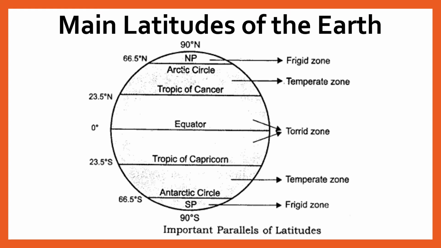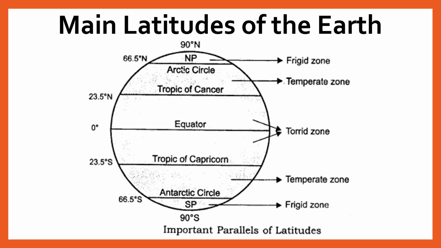While Arctic Circle was 66.5 degree north, Antarctic Circle is at 66.5 degree south. So you can see that all these major latitudes are located on either side of the equator. So two of them are on the northern side and two of them are on the southern side.